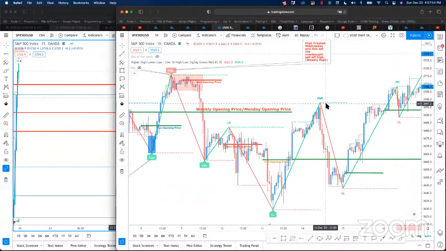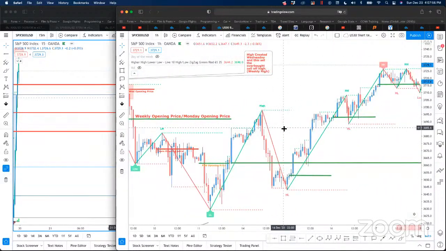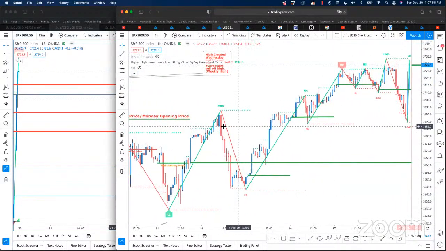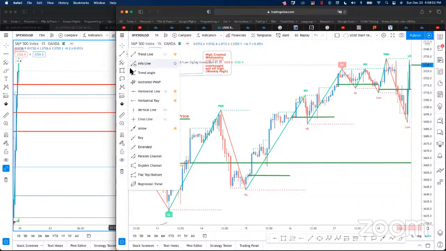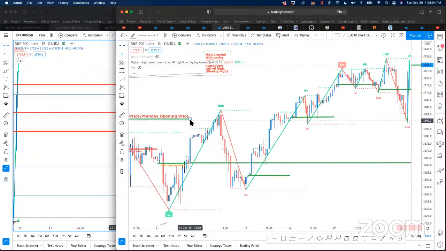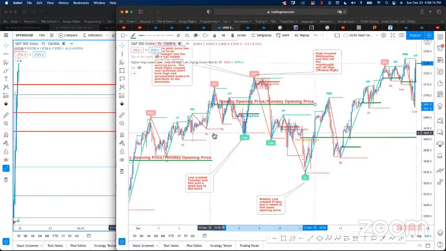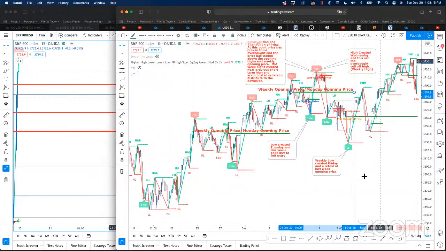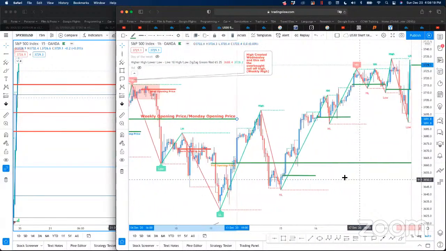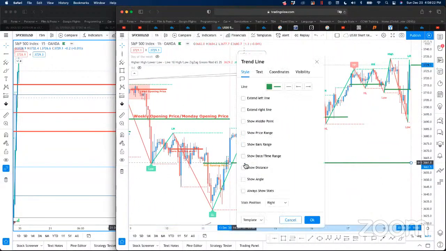This was last week. I didn't draw it, but this was last week's circumstance. That was Sunday. This was the opening price for the week. We traded above it, so we already know we're bullish right now. This is the opening price for the week.